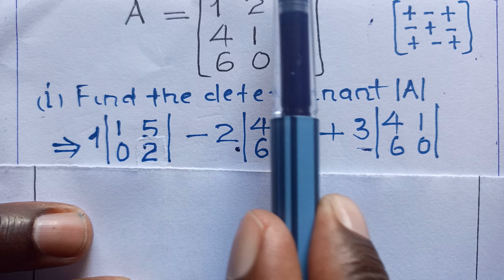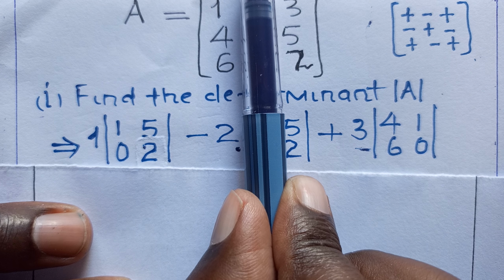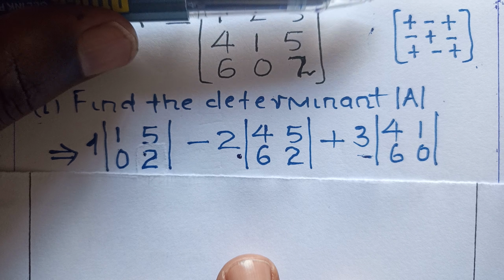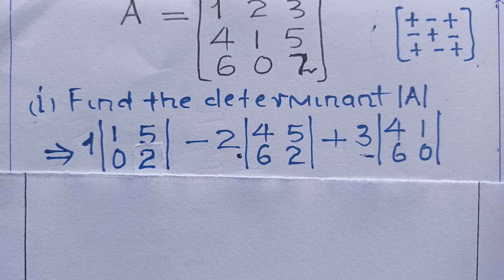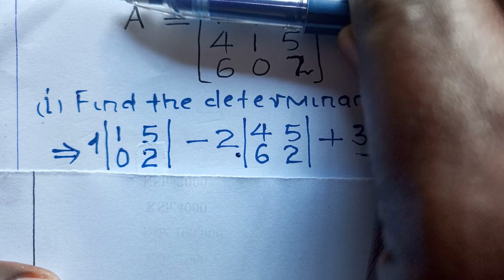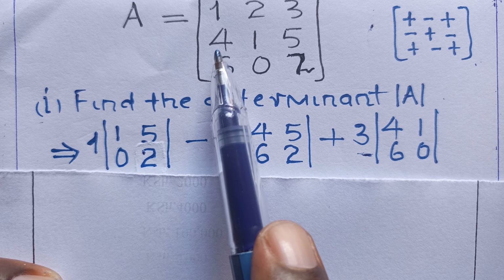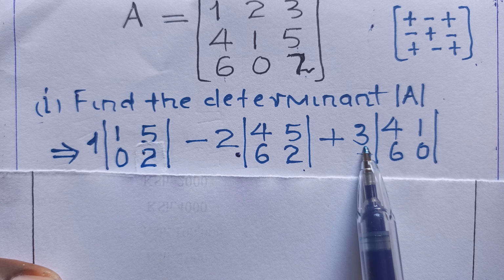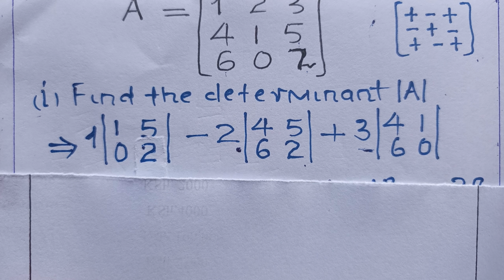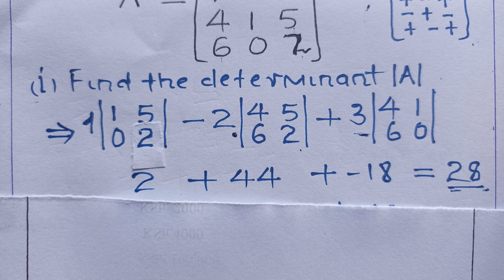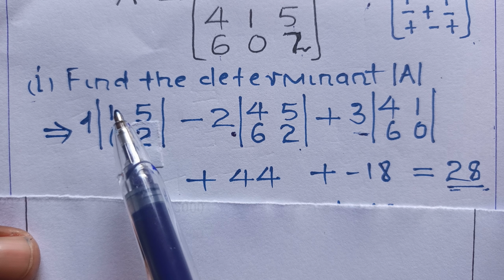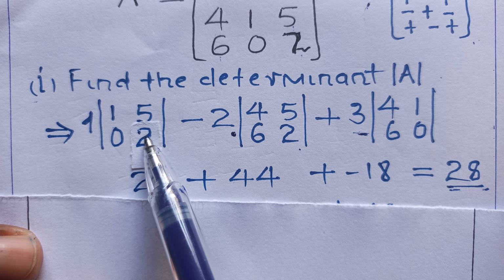When we come to 2, we hide the row for 2 and the column for 2. This is the column and this is the row. So we are left with 4, 5 and 6, 2, just as we have here. The same case applies to 3. From there, guys, we multiply the major diagonal, and we subtract the minor diagonal from the major diagonal.